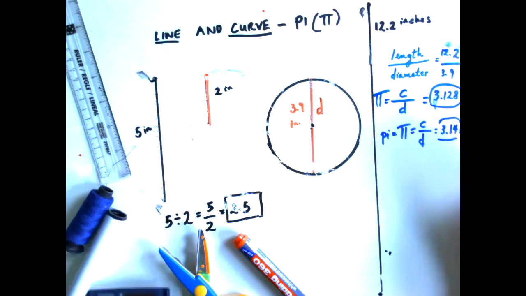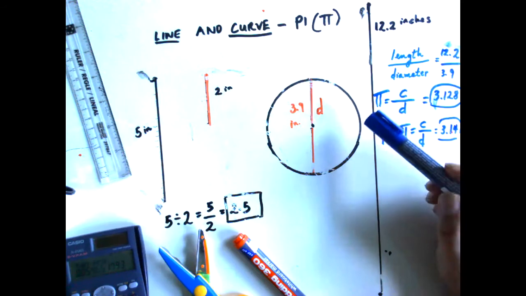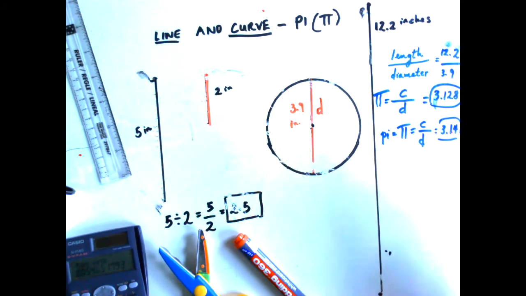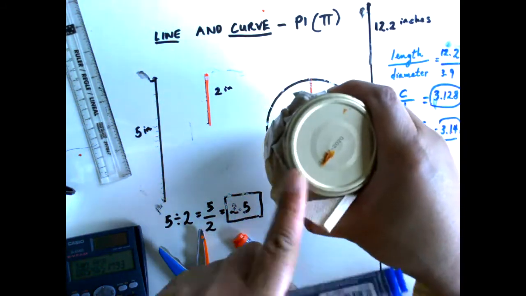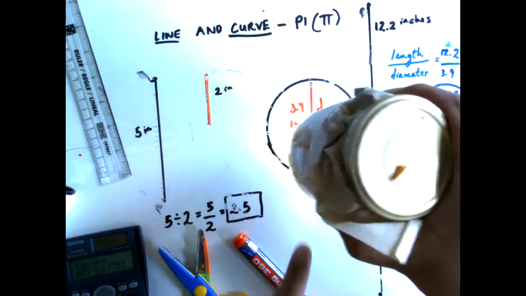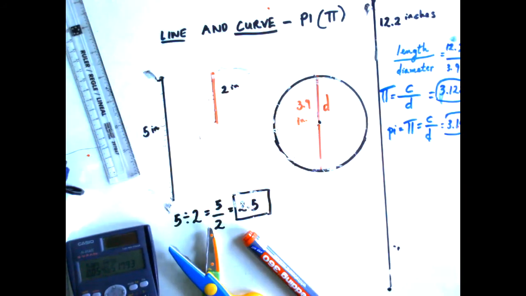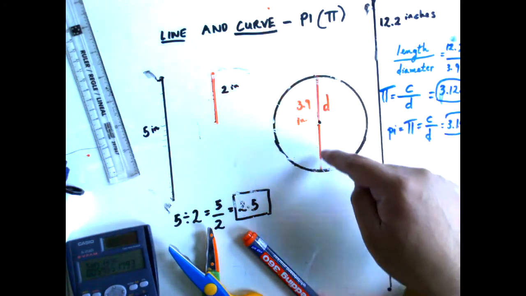So, what I'd like you to do really is to get three objects of this. It could be a plate, it could be the lid of a glass. Let's make it three objects, and I want you to measure the diameter.